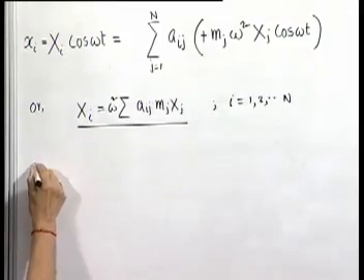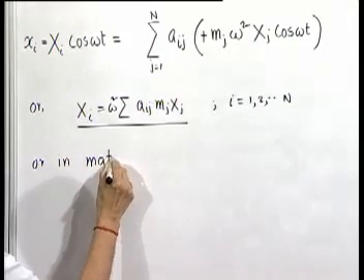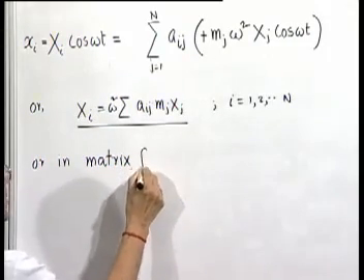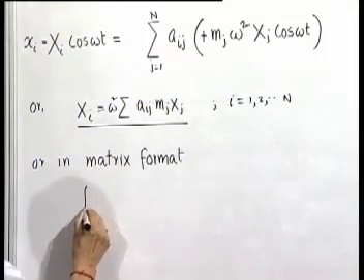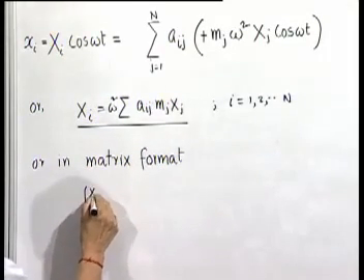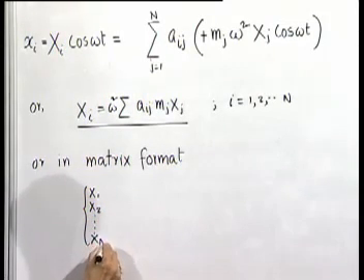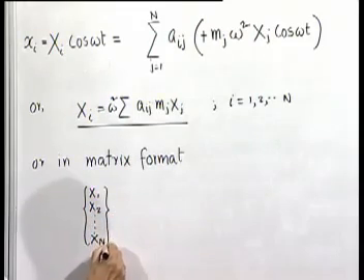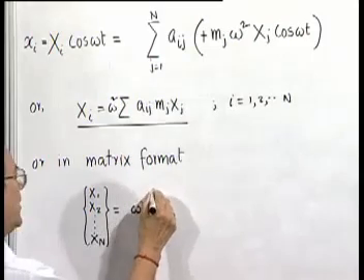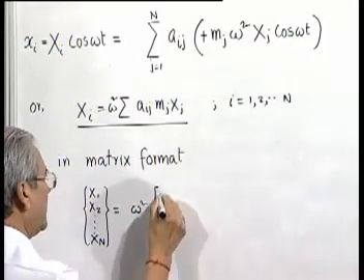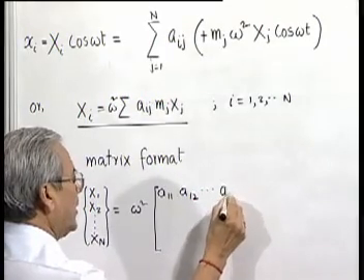So, all the equations can be represented in matrix form. This will be x1, x2 up to xn equal to omega square times the matrix with entries a11, a12, a1n and so on.